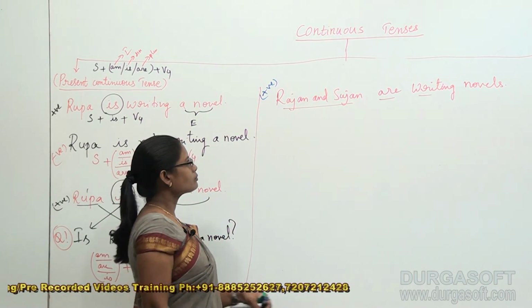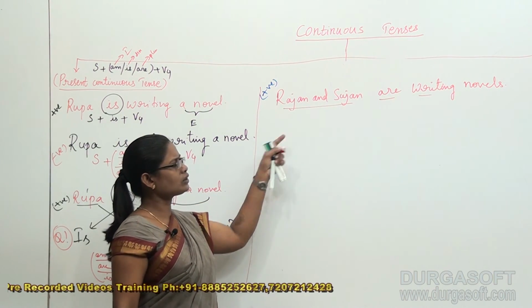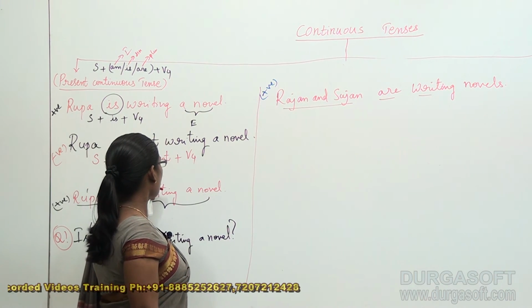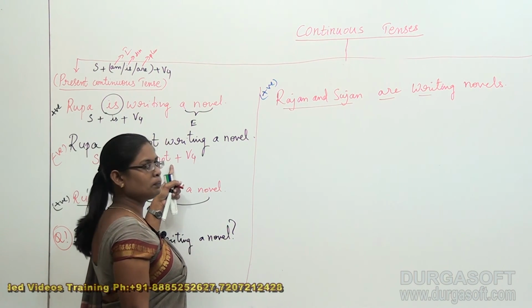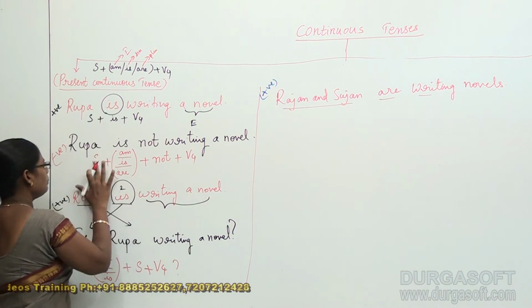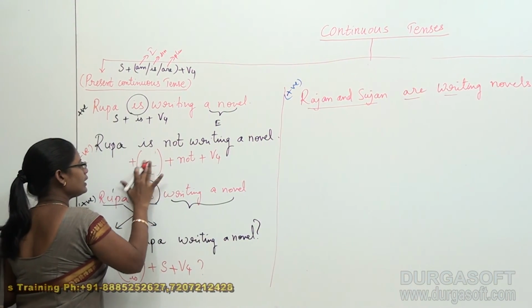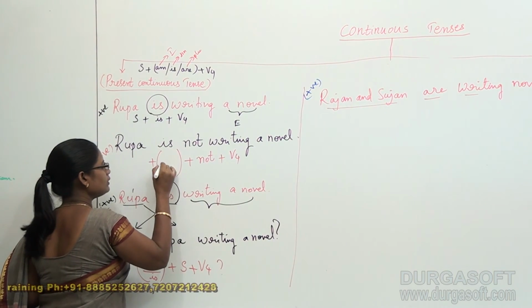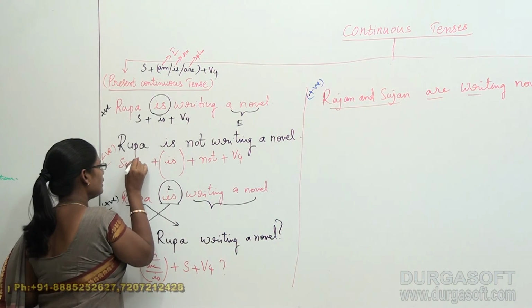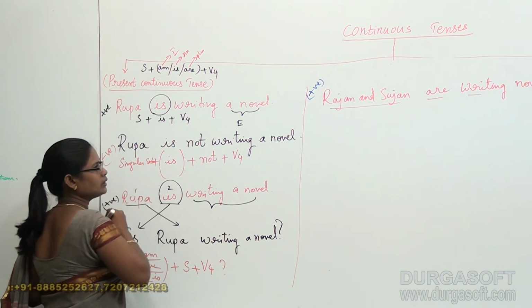Now what could be the structure for this? Same structure, subject plus am plus not plus V4. So let us specify a little more deeply. If you would like to take here as is, because we dealt with some examples with is, here you can mention singular subject.